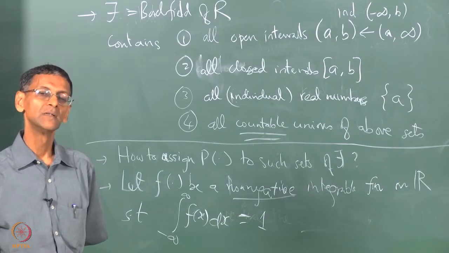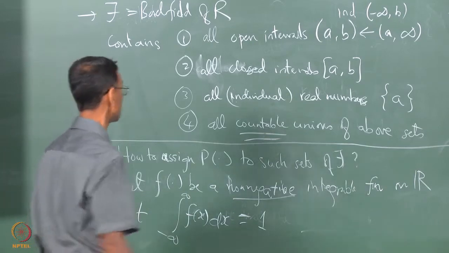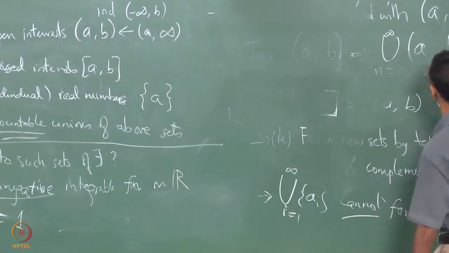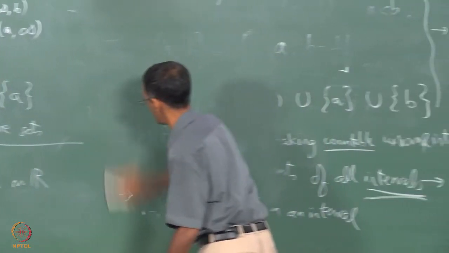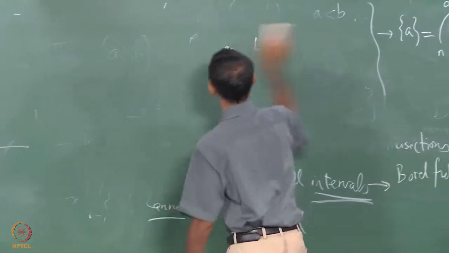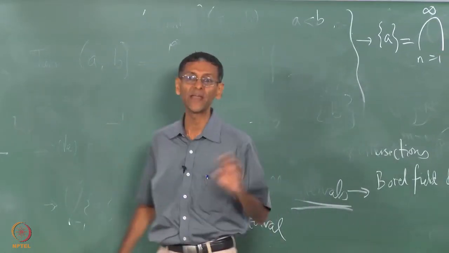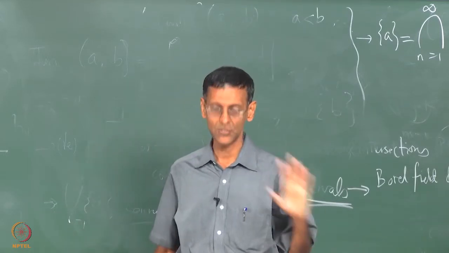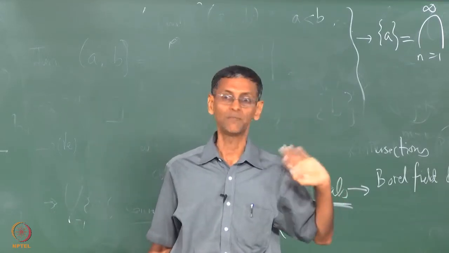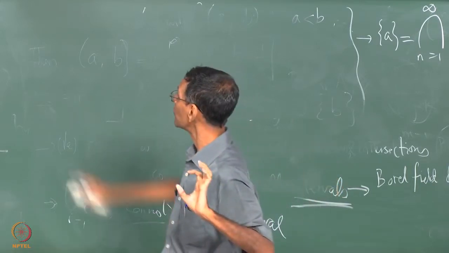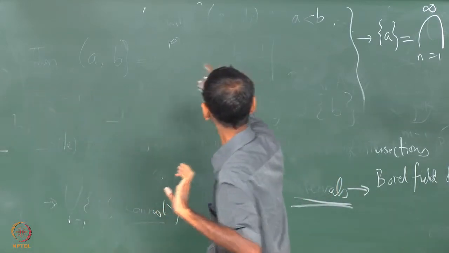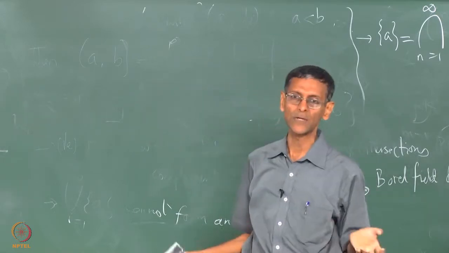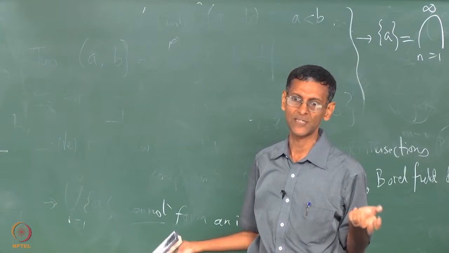Based on this function, how will we assign a probability to any interval? This has nothing to do again with, remember, we are going back to the first part of this course where we only talked about omega, F, P. No, we are not really talking about random variables or anything at this point, we are just talking about the basic omega, F, P. Now we have nailed omega, let us say, as equal to R for the time being. It is not a big issue to shrink it down to any subset of R like 0, 1 or whatever.